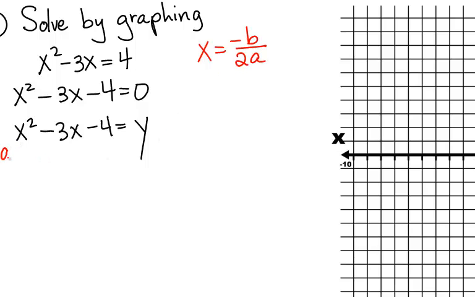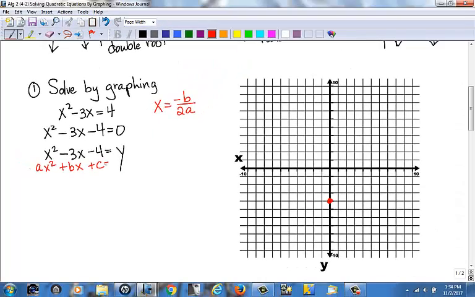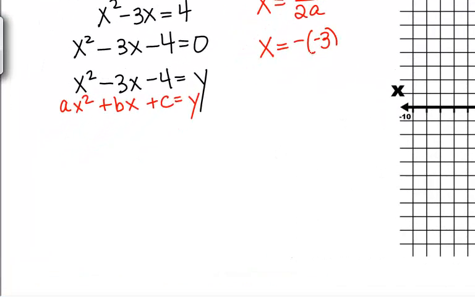And remember, this is in the form ax squared plus bx plus c equals y. So my b is a negative 3, so it's the opposite of a negative 3 over 2 times 1. So I get 3 halves. Do you agree with that?